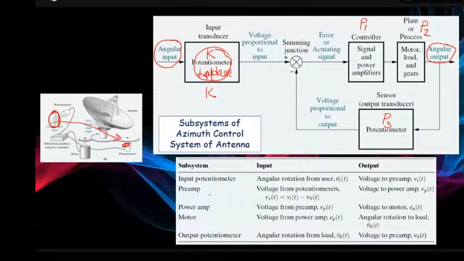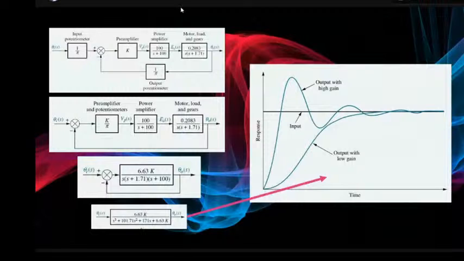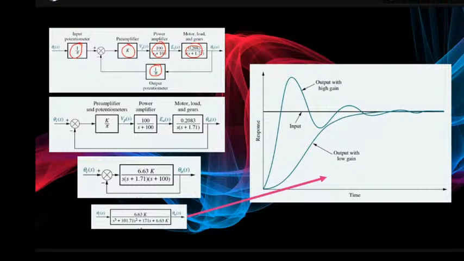Okay. So you can now give numbers for it, a performance parameter, maybe in terms of an equation or something. So here I can have an input potentiometer, then preamplifier, then power amplifier equation, then motor gear equation, then again a potentiometer equation. So now I can combine this.